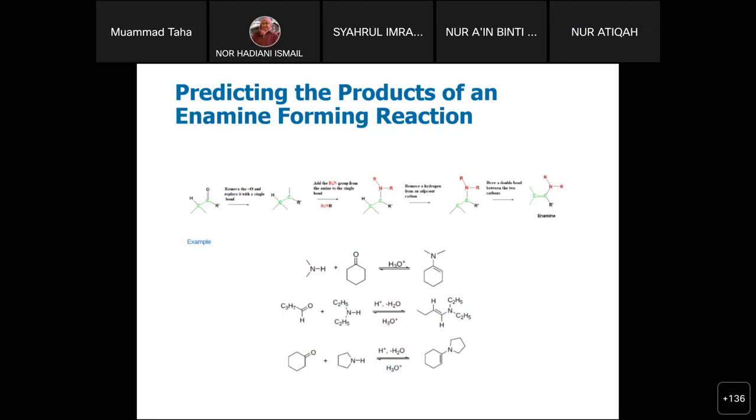Why? Yes, Imran. Yes, doctor. If there is a methyl group on the alpha position, this reaction is not possible. Both sides. Only if it is on one side, it is not possible.